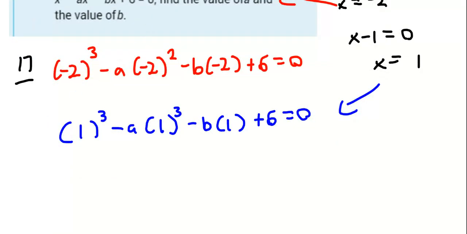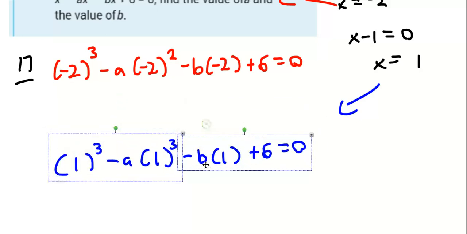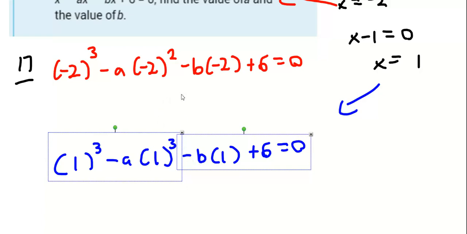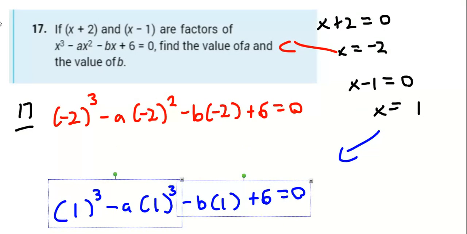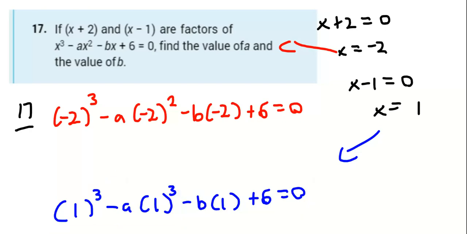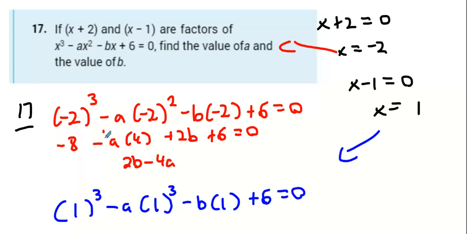All right. Let's keep going. Are you working on it? So you should get minus 8. Minus 8 times 4, plus 2b, plus 6 equals 0. 2b minus 4a, minus 2 turns into plus 2.